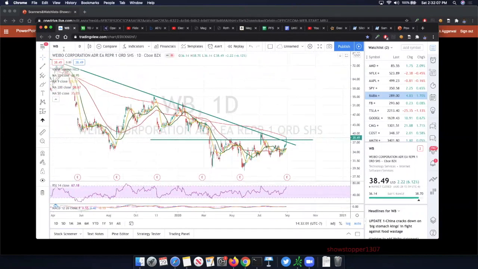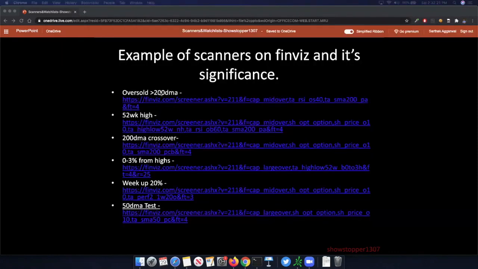Now, most of the momentum stocks are trading above the 200-day moving average, but when they have a pullback, they usually try to still stay above it. So what I'm trying to get out of this scanner is that it has to be oversold and greater than the 200-day moving average. Then usually what happens is if it's oversold, then we'll get proper signals.